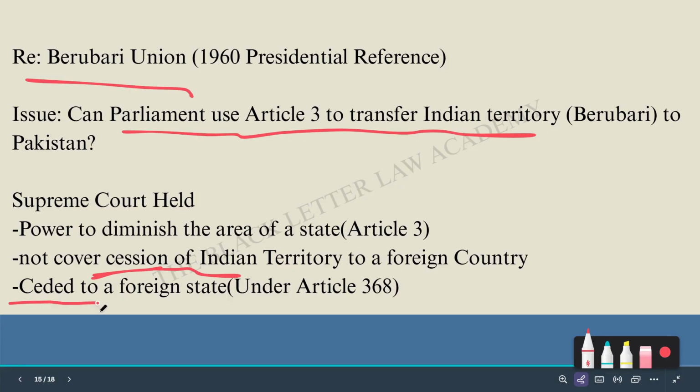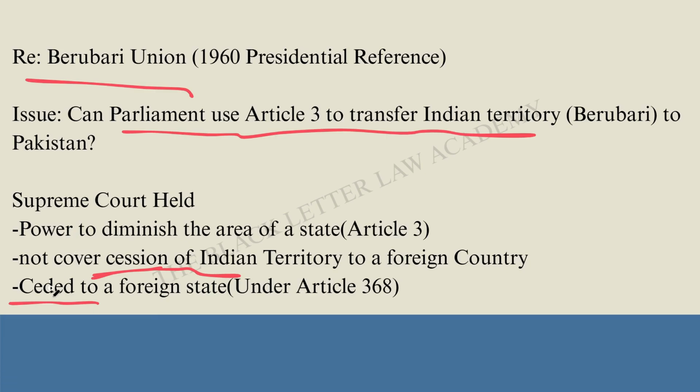The cession of Indian territory to another country is not covered under Article 3. Such transfer can be done only through a constitutional amendment under Article 368. So remember, Article 3 only allows internal reorganization of the state but not transfer of Indian territory to a foreign nation. Okay.